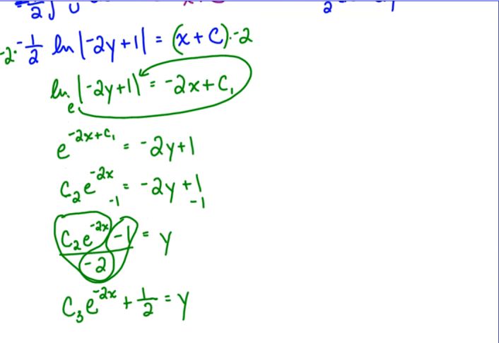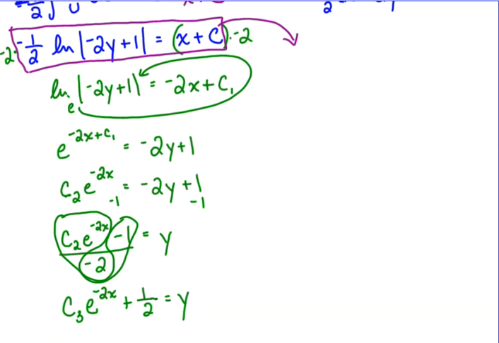Something else that I've seen them do, if we go back to this step right here, is sometimes they use properties of logs. Remember those back from pre-calc? We have a power rule that says if you have a constant in front, you can move it inside the logarithm to become a power.